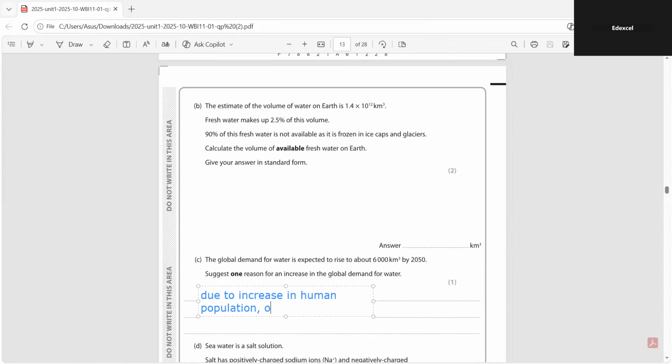So overuse and depletion of natural resources take place. You can easily write the increase in human population as the only answer. You don't need to explain because it is only a 1 mark question. So that is due to the increase in human population. Okay, so let's move on to the next question.